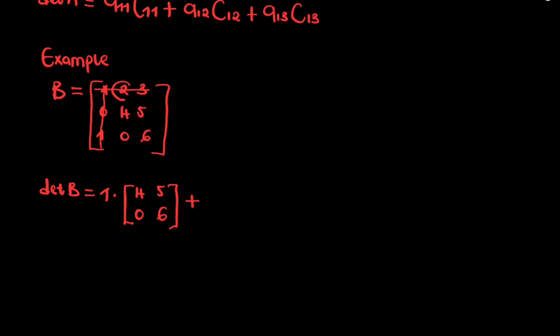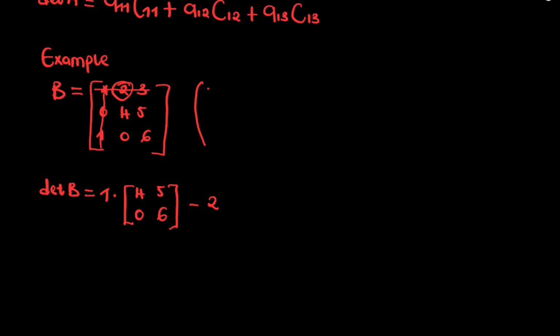We take the next, 2. Okay, so here, when doing this cofactor expansion, there is something that we need to do, because this 2 is not supposed to be plus, it's a minus. So when doing this expansion, put something in your head.